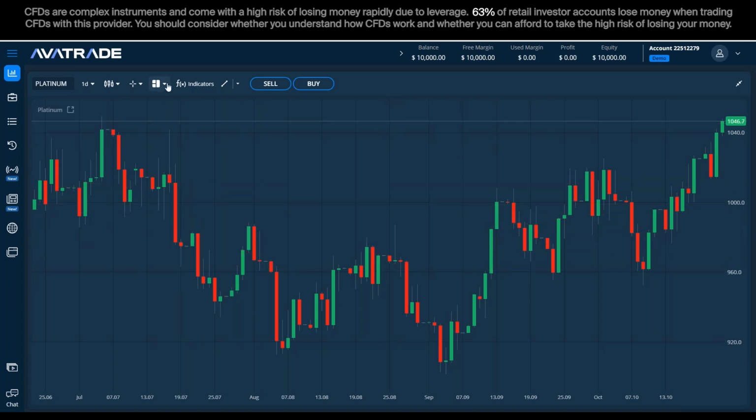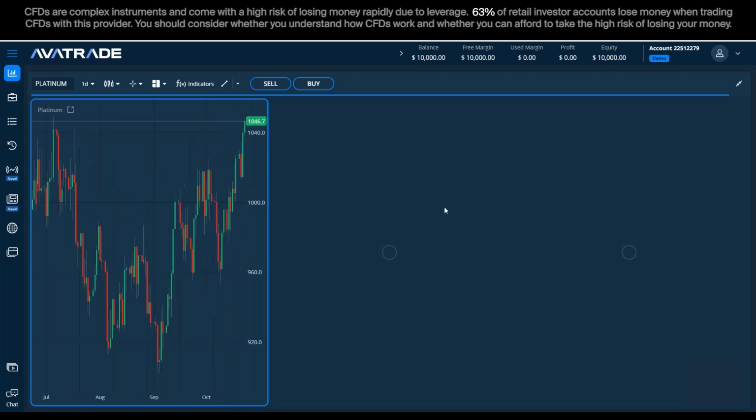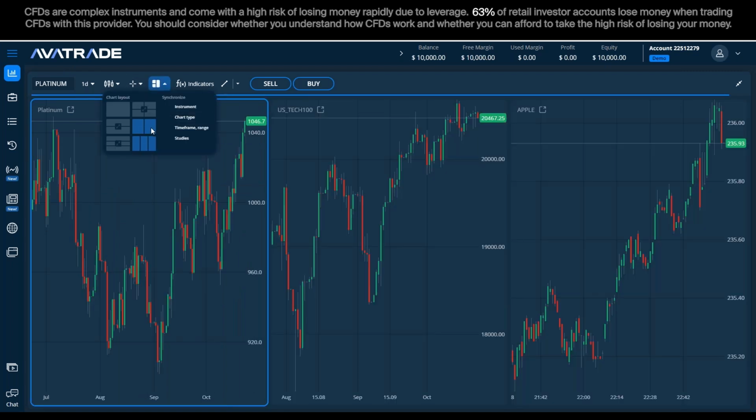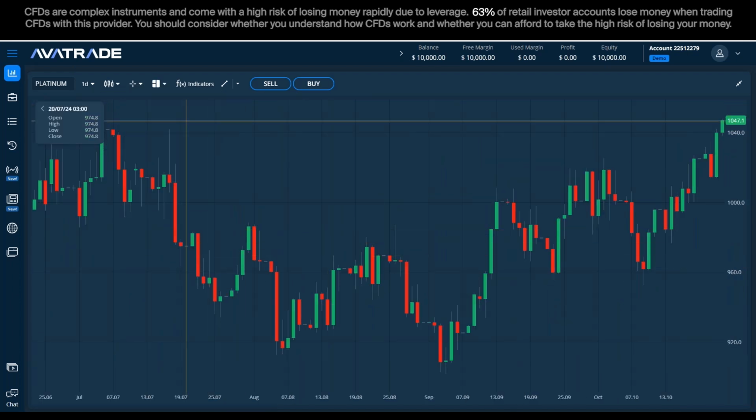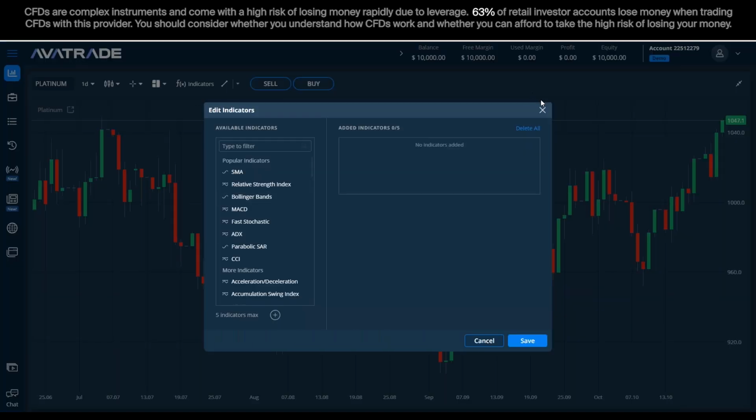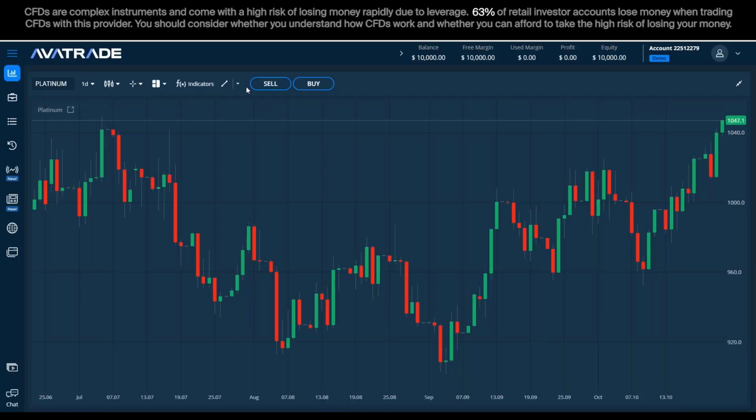If I carry on to the right, there are different layouts: 3, 2 side by side, one above the other. Whatever you are more comfortable with for your eyes. Here, we're going to use that anyway, so let's not do that now. All the way to the right, before the sell and the buy, there are all the good things that I used.